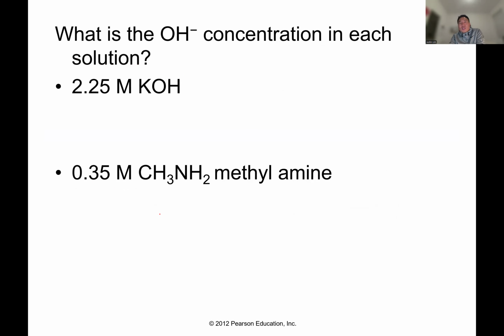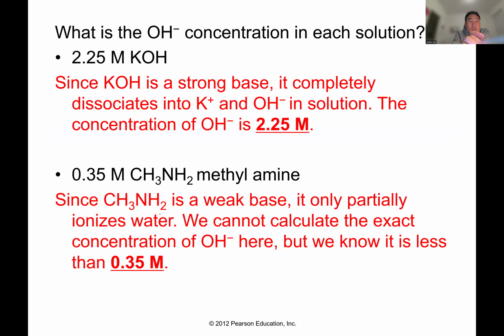Okay, what is the hydroxide ion concentration in each solution? First, 2.25 molarity of KOH. KOH is one of the six strong bases. So what does it mean? It completely dissociates into potassium ion and hydroxide ion in solution.